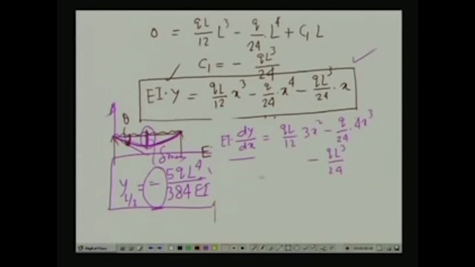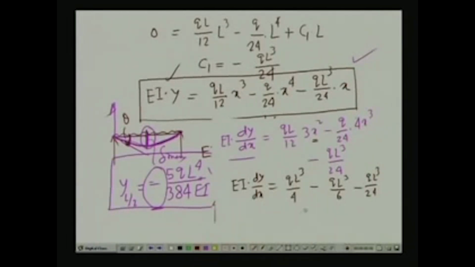Let us compute the value of dy/dx at x equals L. So, EI dy/dx is equal to, now this is L squared, so qL³/4 minus, this is L³, so this is qL³/6, and minus qL³/24.